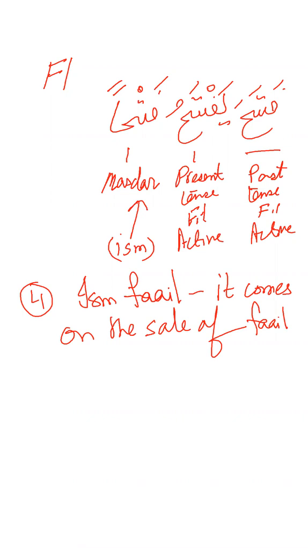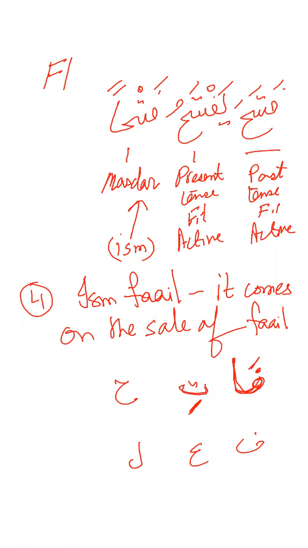So you have fataha, fa'il. After the first root letter we add an alif. This is fa kalima, this is ain kalima, this is lam kalima.